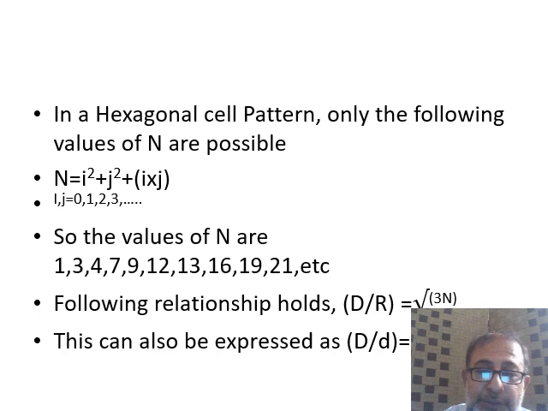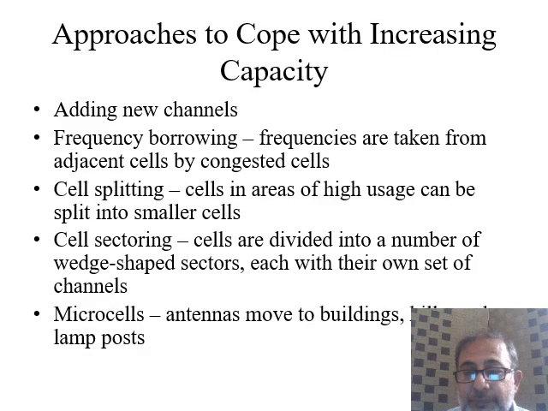N is equal to i squared plus j squared plus i times j, where i and j can have values 0, 1, 2, 3, or any whole numbers. So the values of n would be 1, 3, 4, 7, 9, 12. So the relationship would be D over R is equal to the square root of 3n.